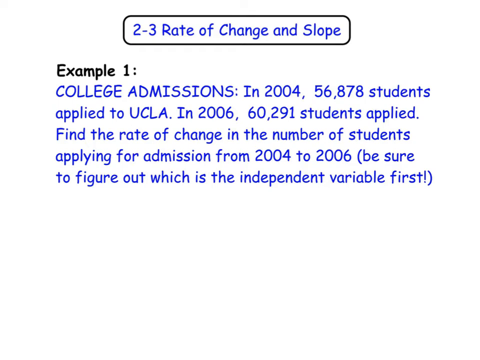So I know that 2004 and 2006 are my x values. So I'm saying from 2004 to 2006, how much time had passed. So this is delta x. I'm doing the denominator here first. So that would be 2 years. Okay, and then how did the y's change?